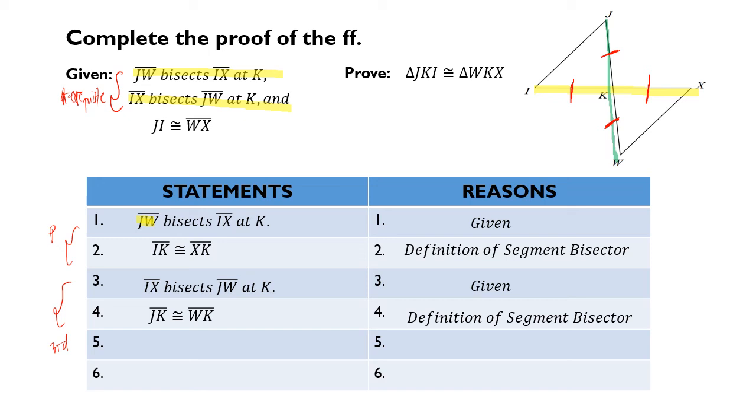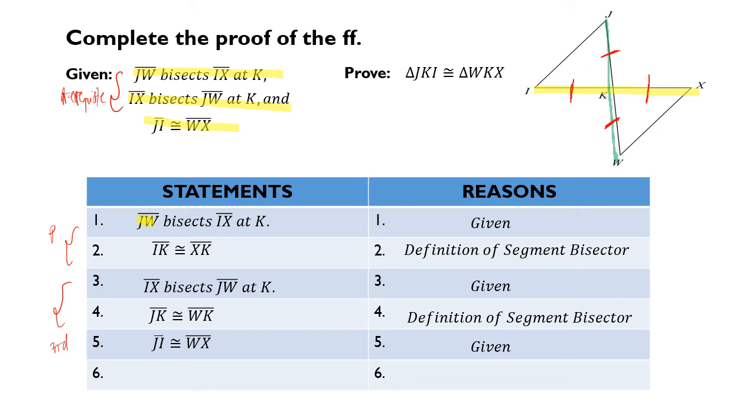Okay, let's use up the third given this time. Write the third given, and because this is already a congruent statement, so may tatlong parts na tayo, given pa rin yung reason.